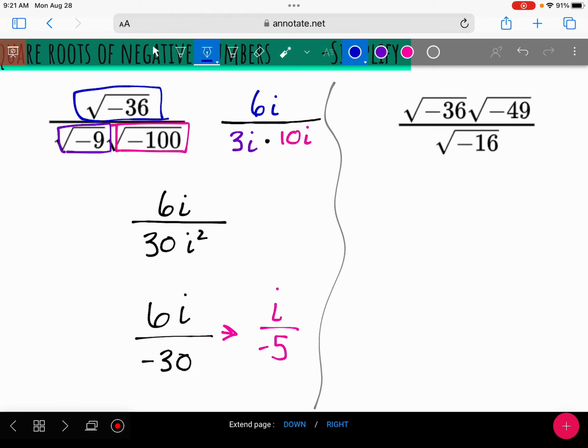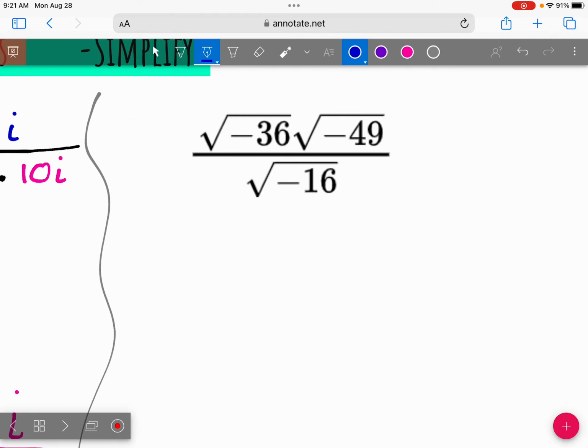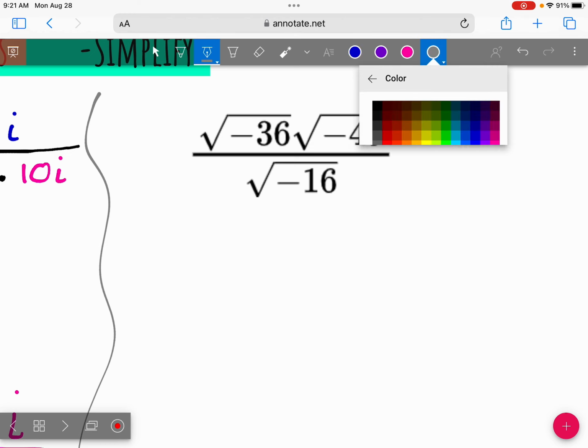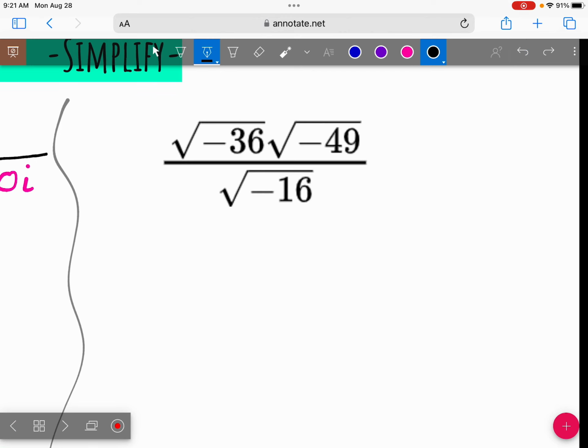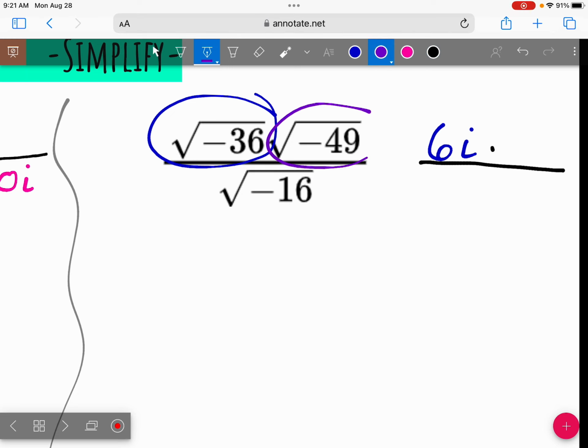All right, next one. Same process. Square root of negative 36 times the square root of negative 49 all over the square root of negative 16. So how do we write the square root of negative 36? 6i. How do we write the square root of negative 49? 7i.